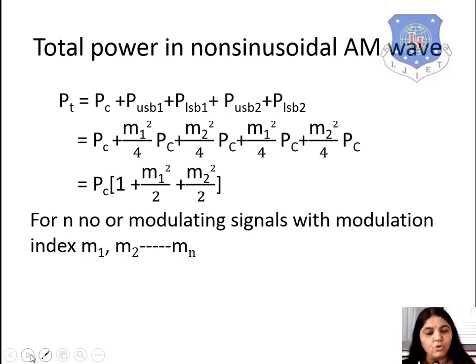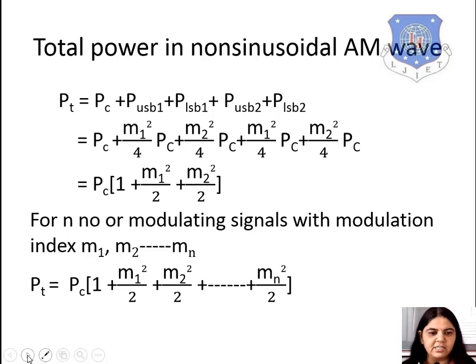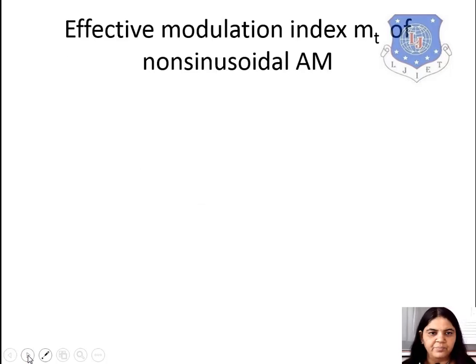Now if more than one modulating signal is there, having modulation indices M1, M2, up to Mn, then the total power required is PT equal to PC in bracket 1 plus M1 square by 2 plus M2 square by 2 plus and so on up to Mn square by 2. So this is the formula for the total power in non-sinusoidal AM wave.